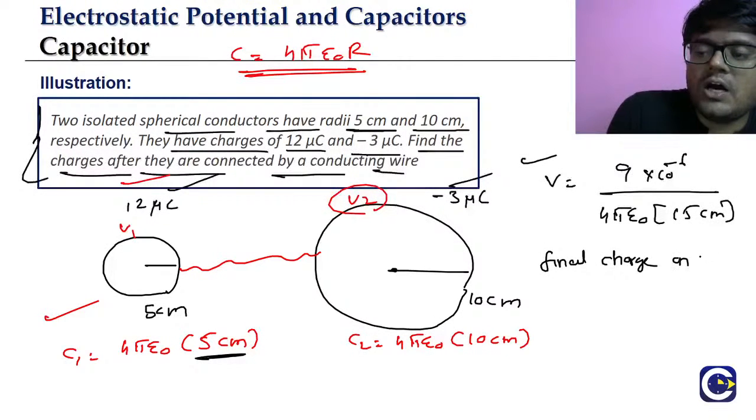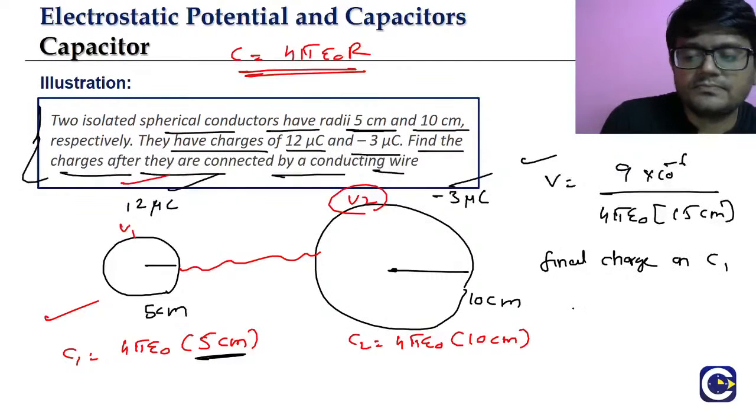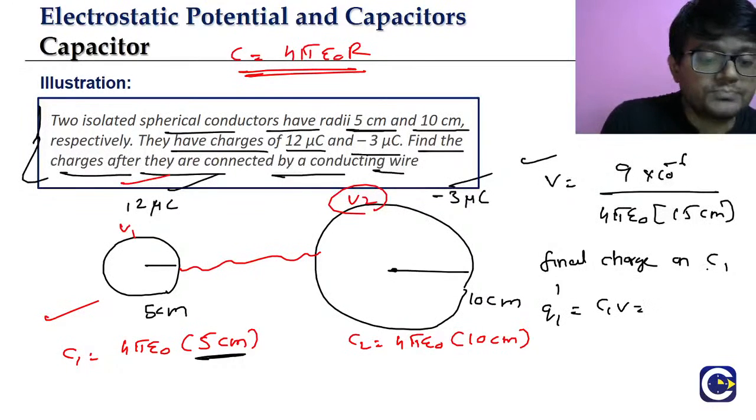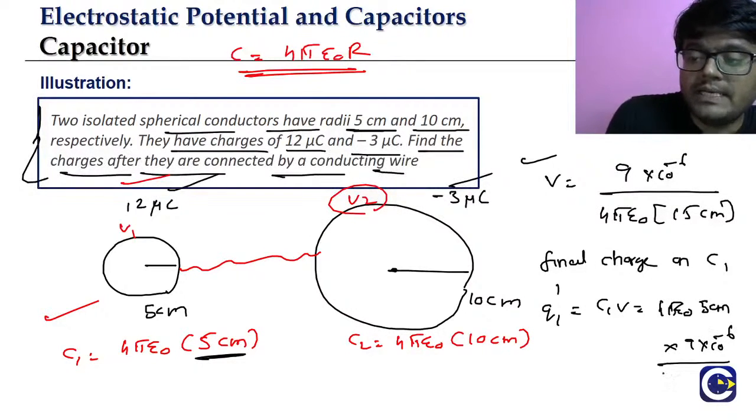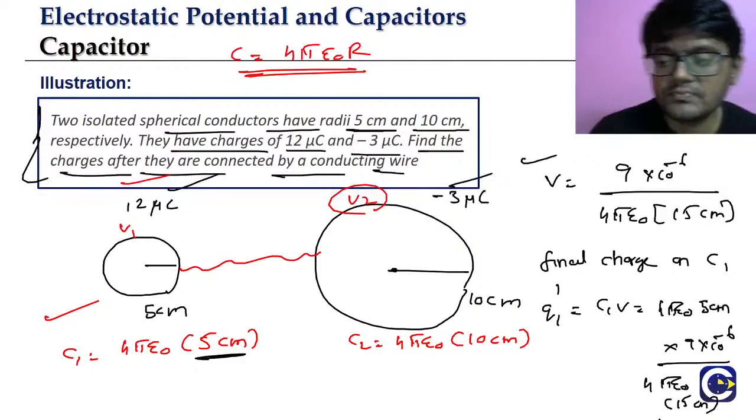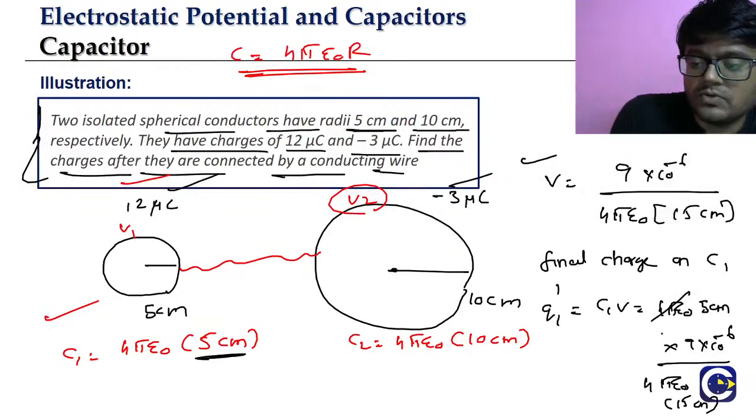Now the final charge on C1, we can call it Q1 dash. What is it? C1 into V. C1 is 4 pi epsilon into 5 centimeter, into the common potential value, which is 9 into 10 power minus 6 by 4 pi epsilon into 15 centimeter. Okay, we have to calculate this. So 4 pi epsilon cancels. 5 centimeter by 15 centimeter.